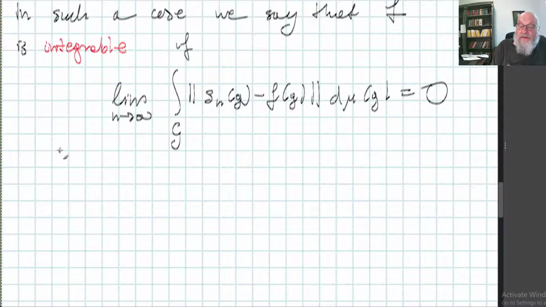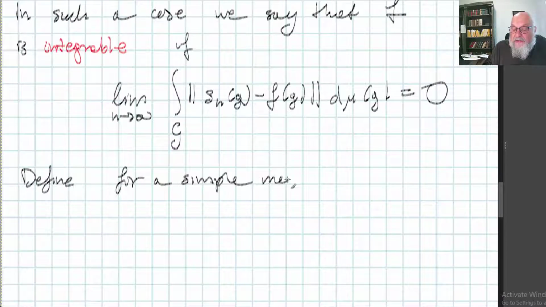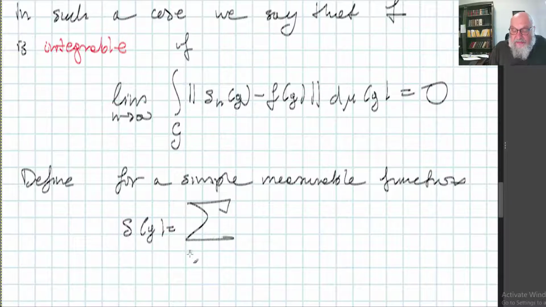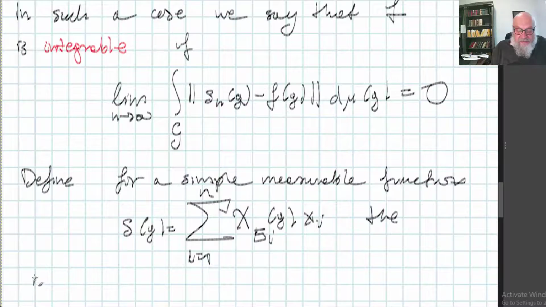So clearly, we can put it like that. We can define the integral for a simple measurable function S of g equals the sum, i equals 1 to n, of the characteristic function of E_i times x_i.